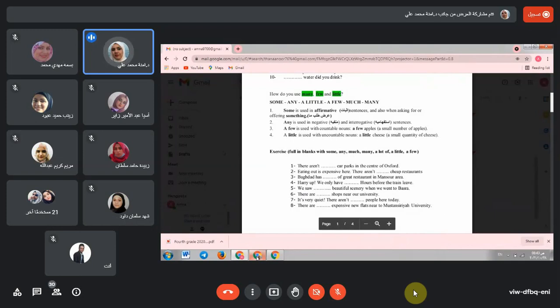While little is used for uncountable nouns, like little cheese. That means we are talking here about a small amount of cheese, كمية قليلة. بس how little is it؟ ما نعرف.